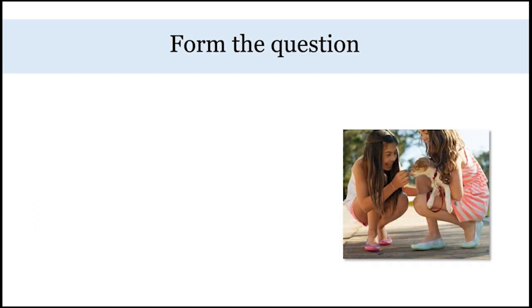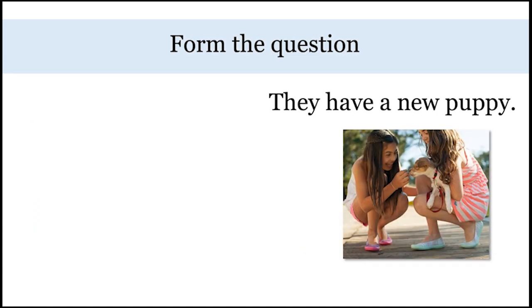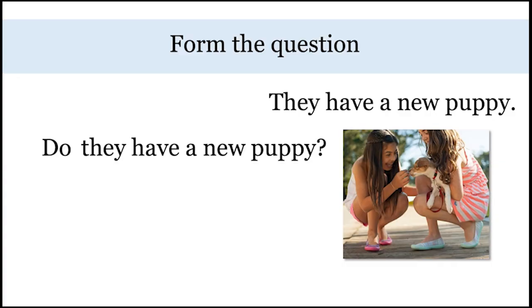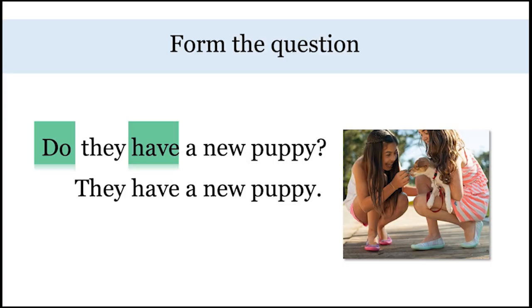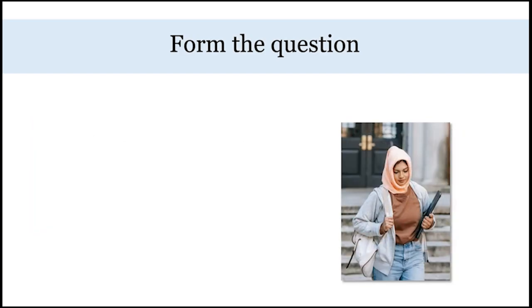Form the question. Here the sentence is, they have a new puppy. Okay, start with do because do goes with they. Do they have a new puppy? And again, you've got do, subject, and the main verb in simple form, and you can see that they match up.